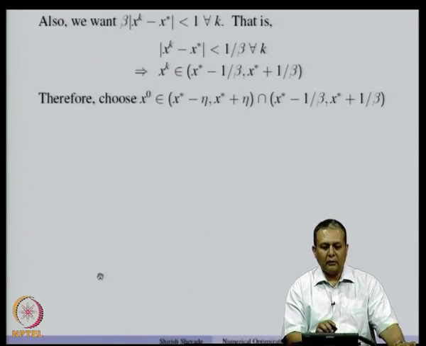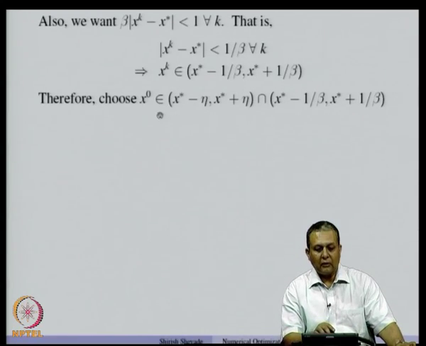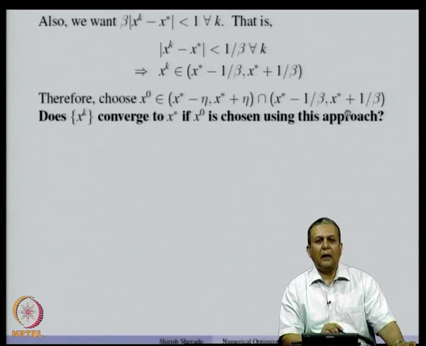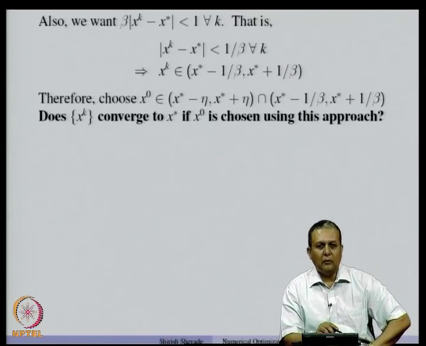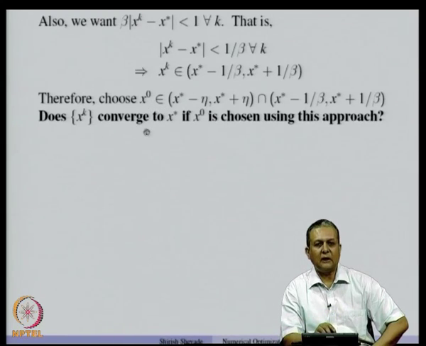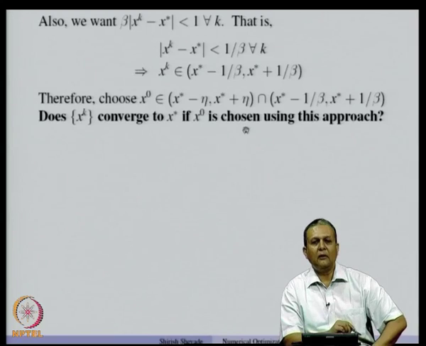Therefore, we have to choose x naught such that x naught is in the intersection of x star minus eta to x star plus eta and x star minus 1 by beta to x star plus 1 by beta. And now, if we choose x naught like this, the question is whether x_k converges to x star or not.